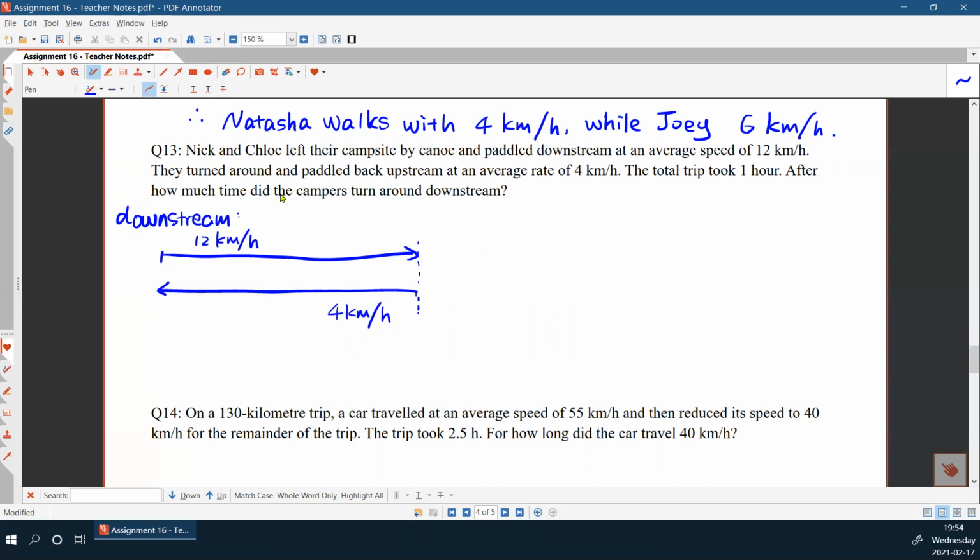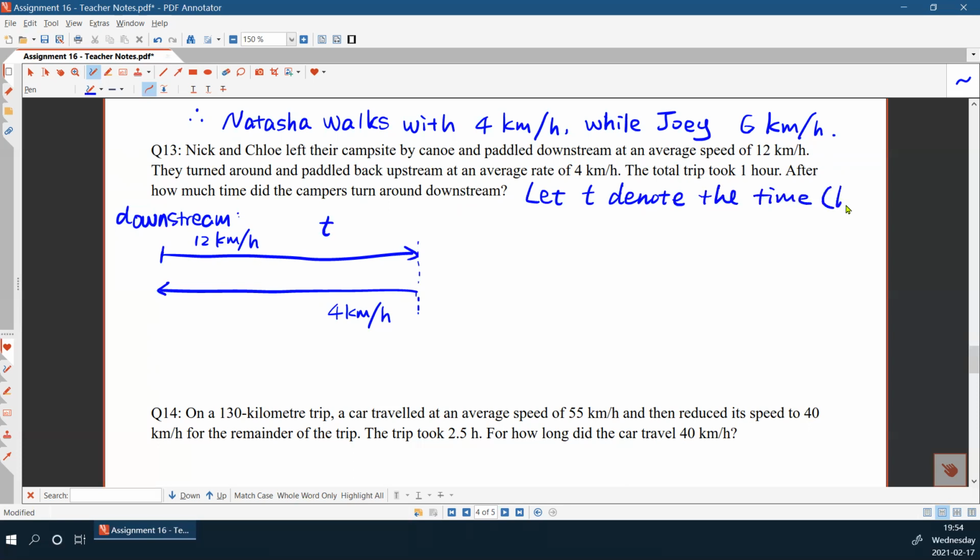So now you want to find after how much time did the campers turn around downstream. This means you want to find the time t they traveled downstream, right? So here we use a letter t to denote the time.